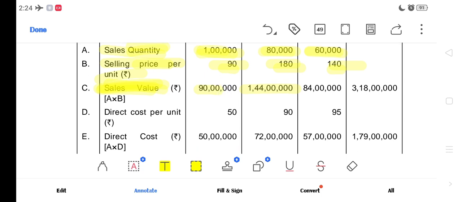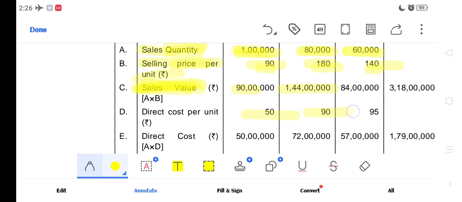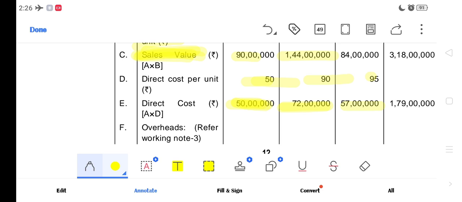Now direct cost: they have given 50, 90, and 95. If you multiply this per unit cost with the number of units, you get the total. For product A, 1 lakh into 50 gives 50 lakhs, and you do the same with B and C.